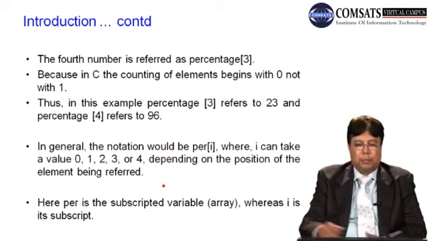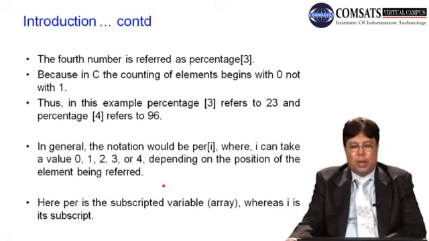ओके, so generally we can write percentage as PER. I have just skipped, I don't know why it's skipped. So it is percentage of I, where I can take a value from 0 to 4.